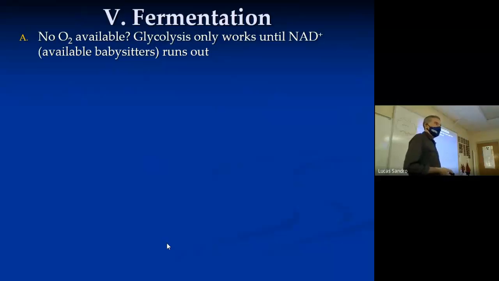Okay, so the answer to what you do when oxygen isn't there is fermentation. Because as soon as electron transport shuts down, glycolysis and Krebs are only going to work until the available babysitters, that is NAD plus specifically, run out.